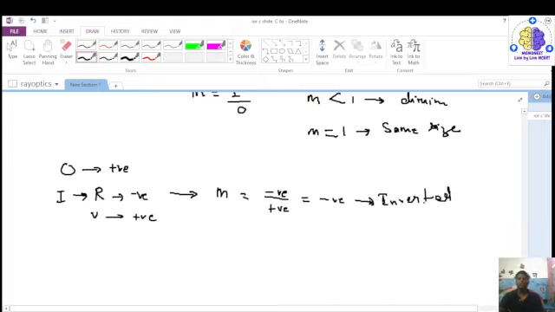So what we conclude is, if the linear magnification for a mirror is negative, the image formed is a real image.